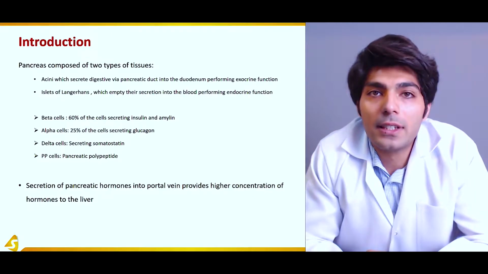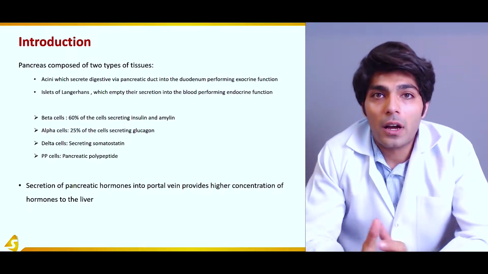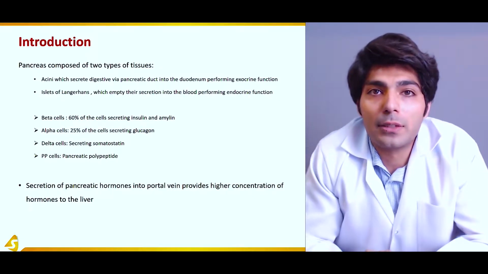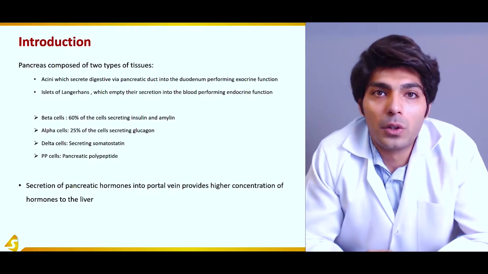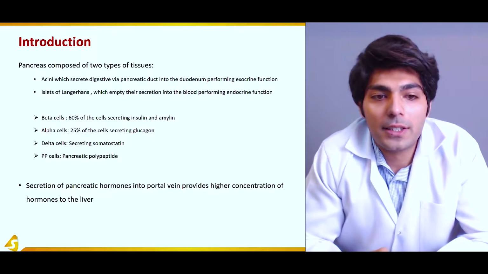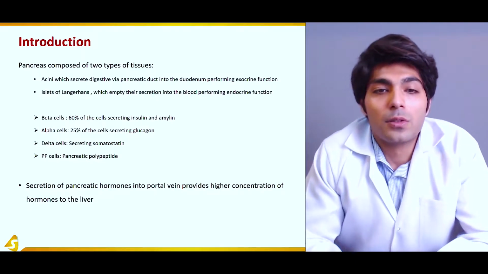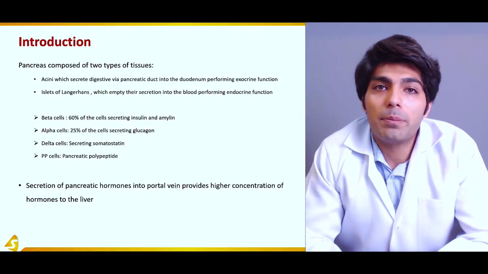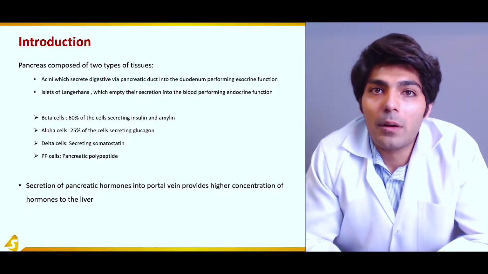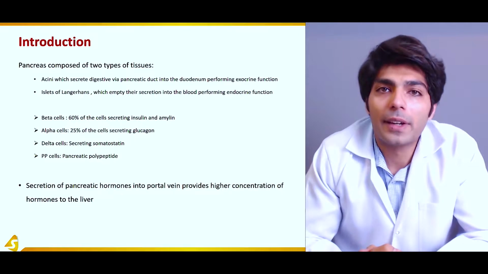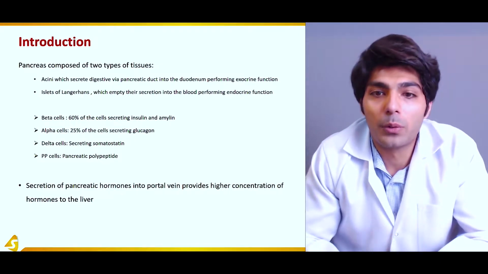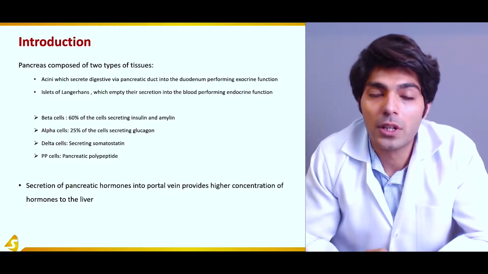Then there are alpha cells, which are 25% of the cells and secrete glucagon. Then we have delta cells, which secrete somatostatin, and PP cells, which are the pancreatic polypeptide cells.